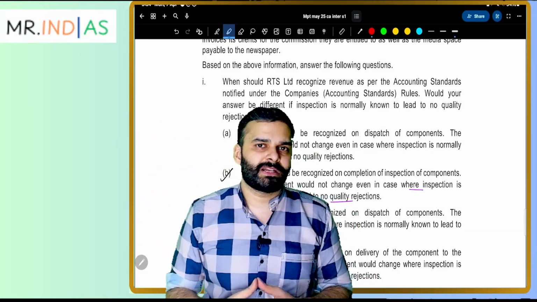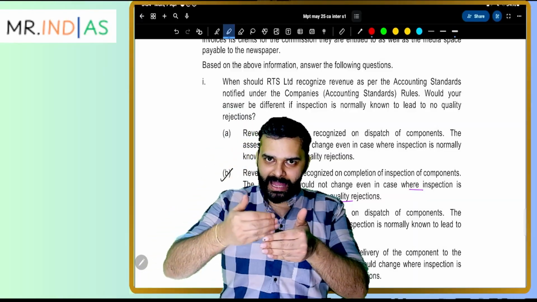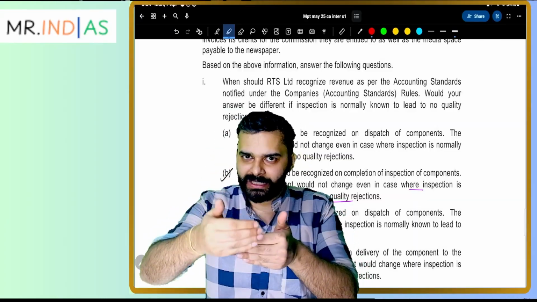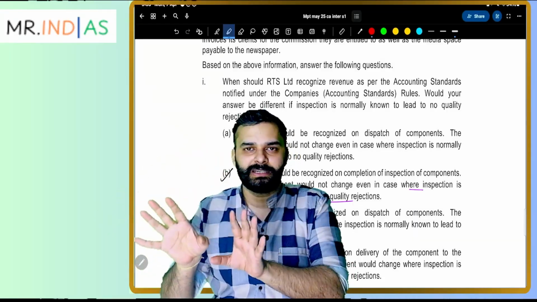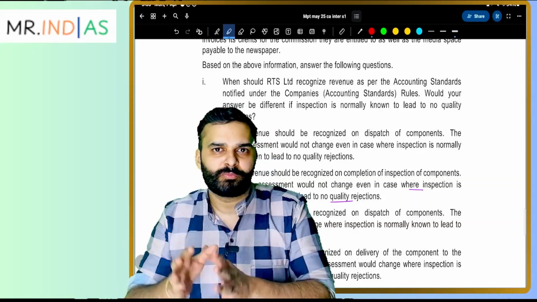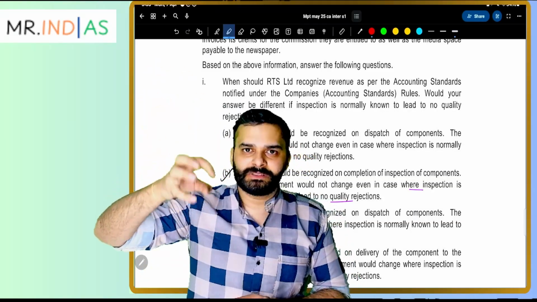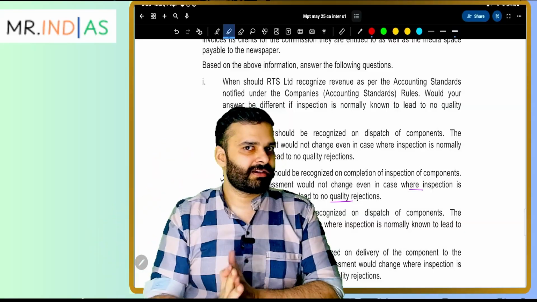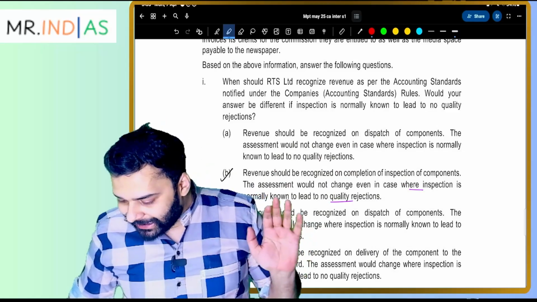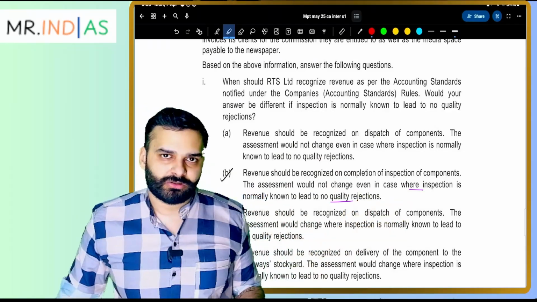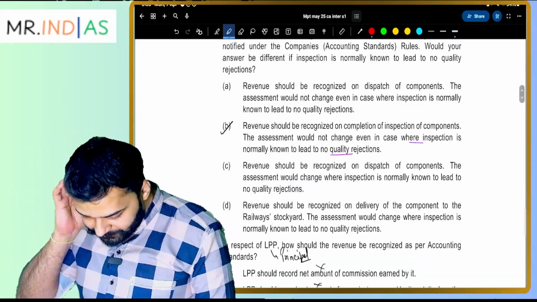So it will not change our answer, because at the end of the day, RTS Limited has an obligation to provide quality inspection to the railway, and give the quantity as ordered by the railway and produce that quantity as well. So once the railway authorities come and inspect and put a hologram sticker on the goods produced, then RTS Limited will be relieved from its obligation, and then RTS can book revenue. So the option is B.